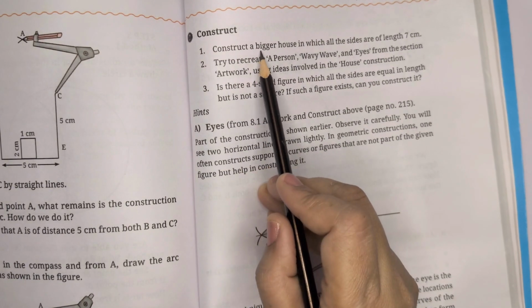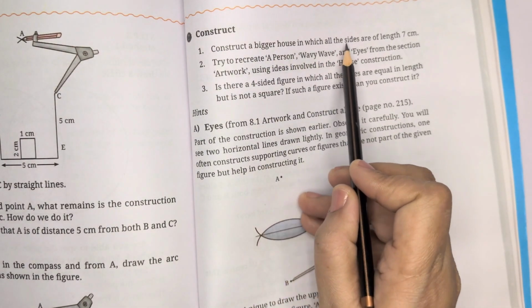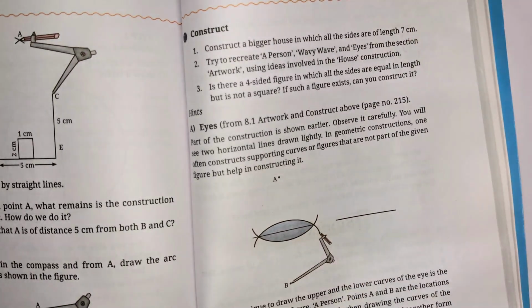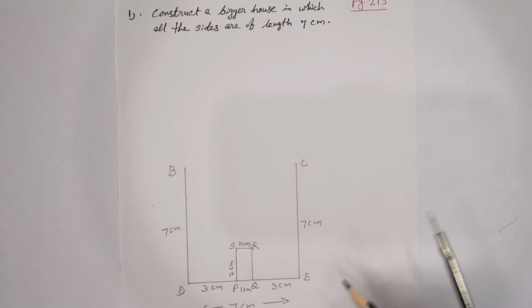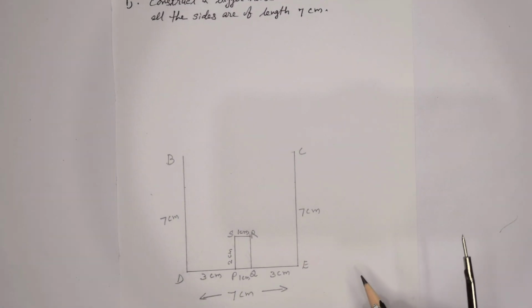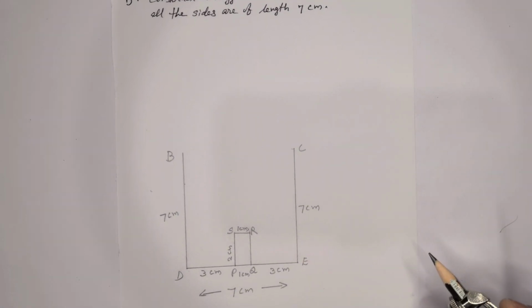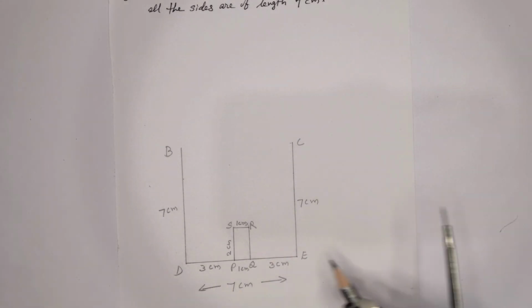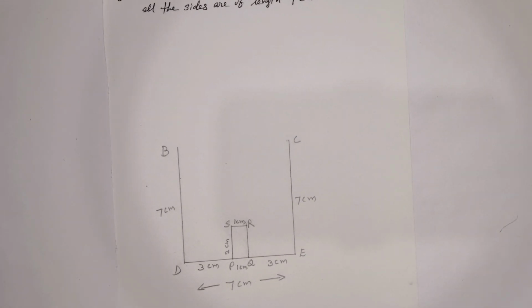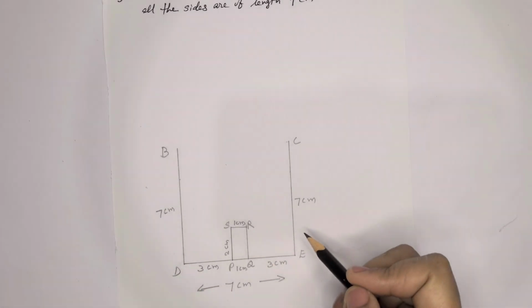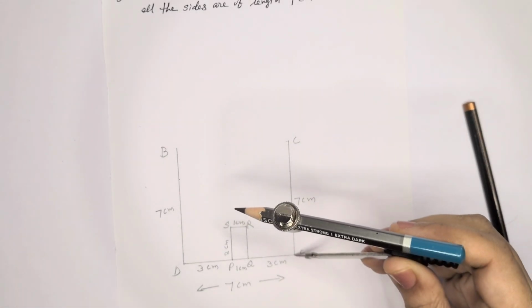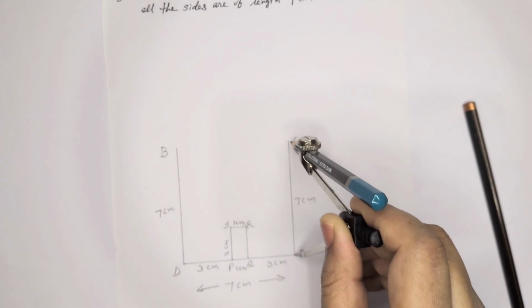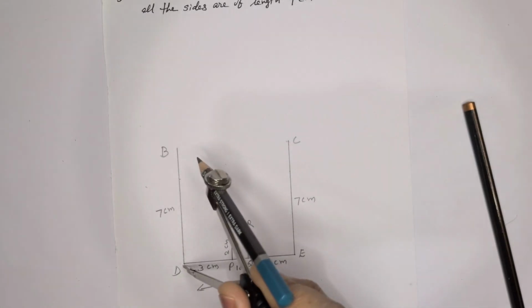So we will get the house diagram the same way. Here the first question: construct a bigger house in which all the sides are of length 7 centimeter. For that, first we have to draw a line segment DE as 7 centimeter. And after that from the end points D and E we have to construct 90 degree perpendiculars, and that is also 7 centimeter.